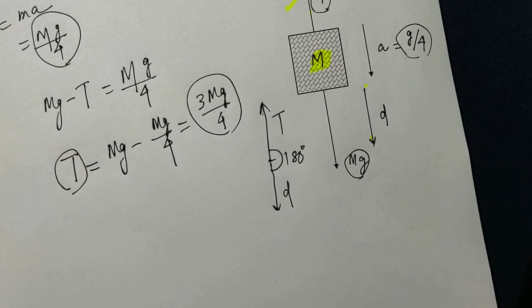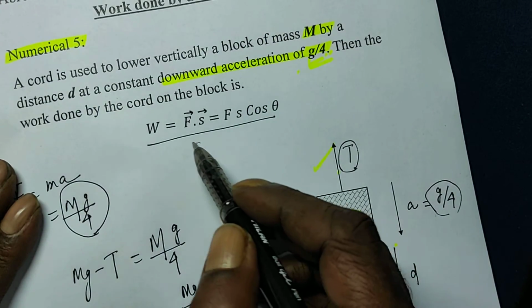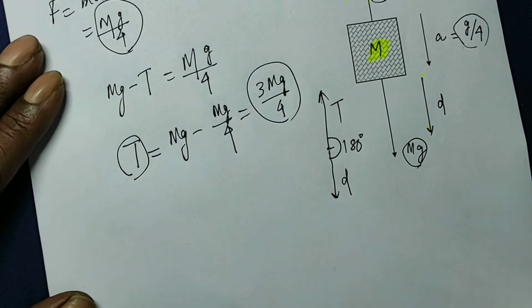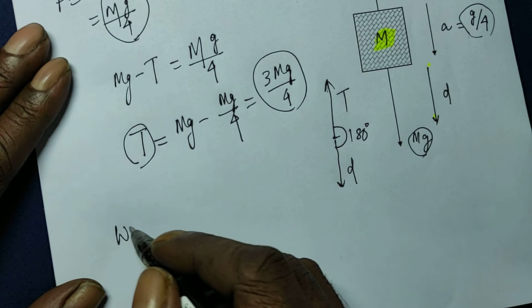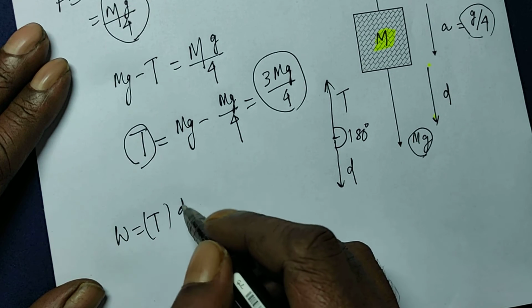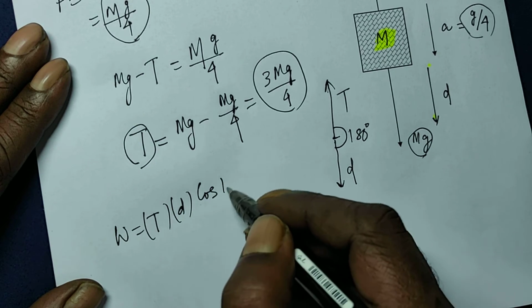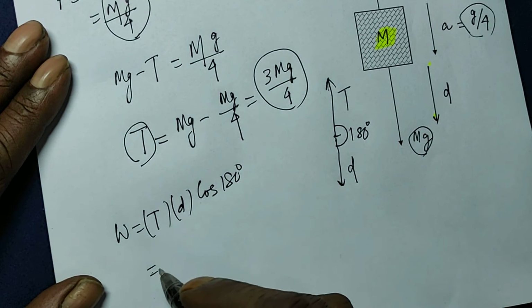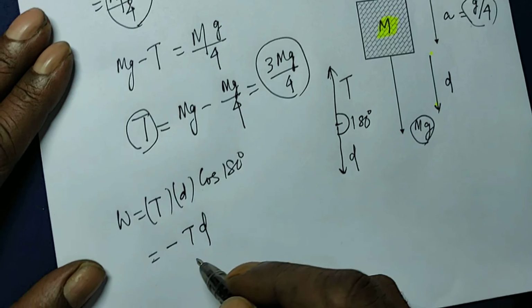So your work done, using this expression, since the force is constant, W is equal to T times the displacement times cos 180 degrees, that is minus 1, that is minus T d.